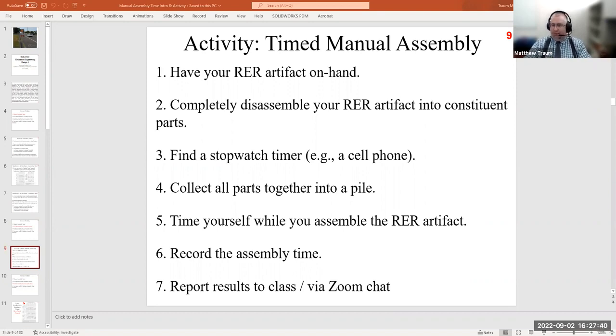So we'll give you guys a second to reassemble your artifacts, time yourselves doing it, record the assembly time, and then post your numbers into chat. Once you guys have done that, we can move on. Any questions about what I'd like you to do?